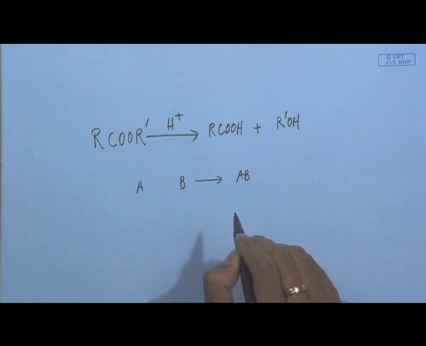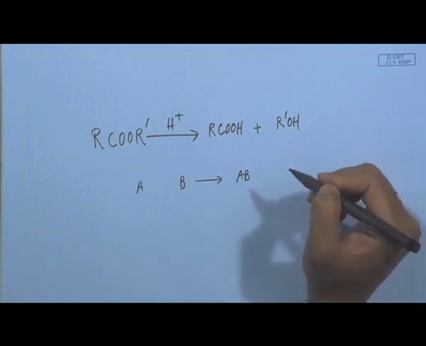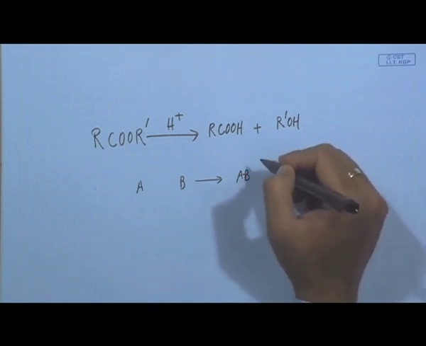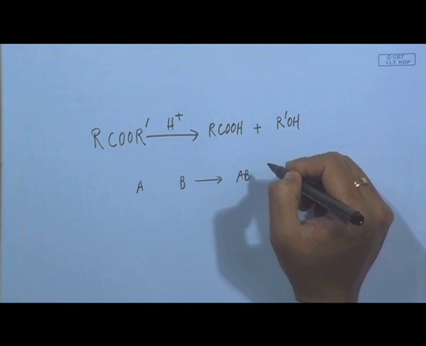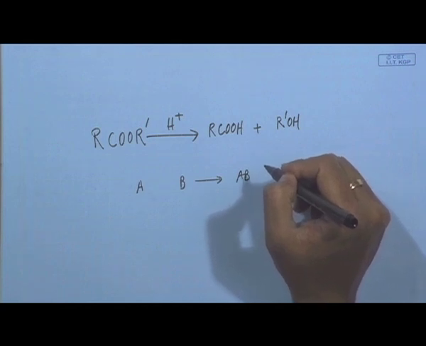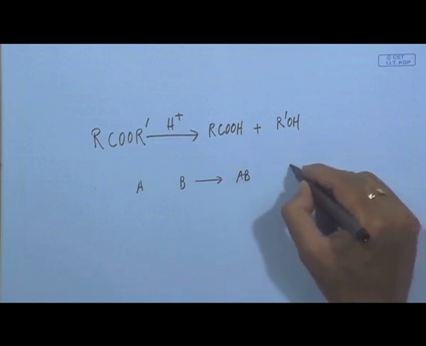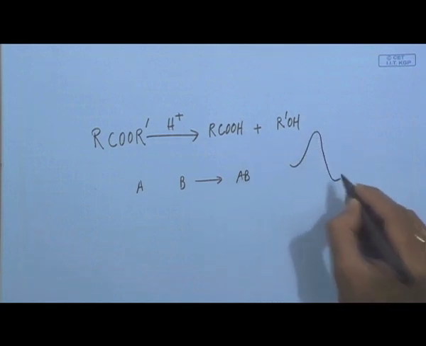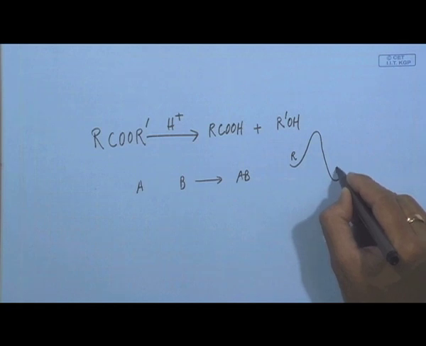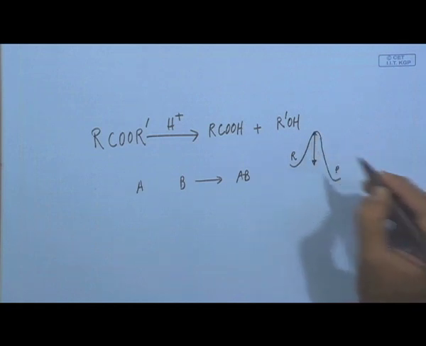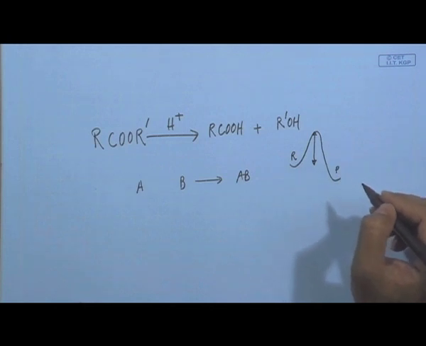That means we can assume that maybe this reaction barrier is not there. Reaction barrier means this one: this is a reactant, this is your product, and this is your forward reaction barrier or activation barrier, which is probably not there.